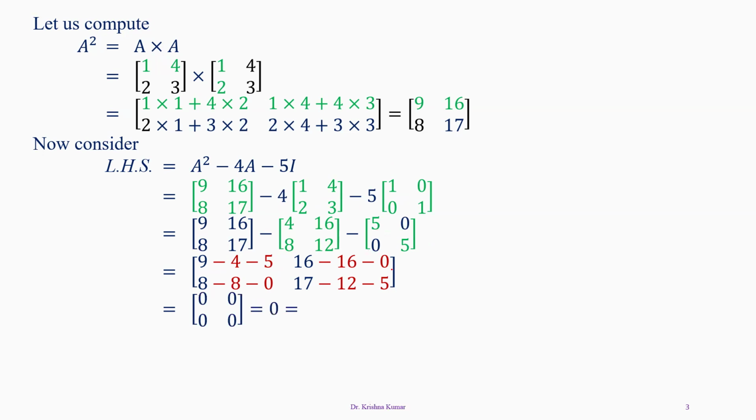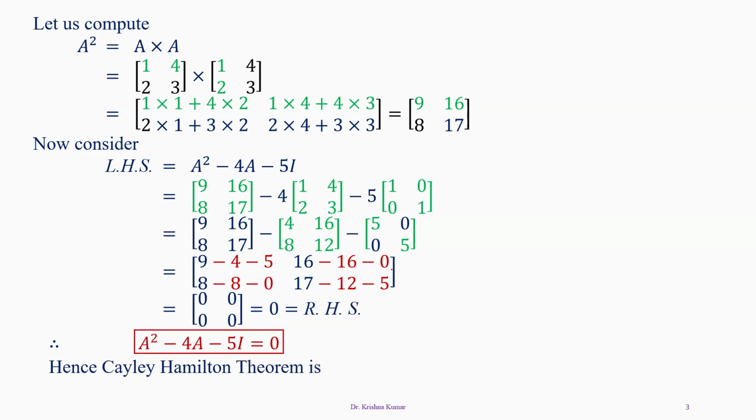So we are getting the zero matrix, which is equal to the right hand side. It means the given matrix A satisfies its own characteristic equation. Therefore A² - 4A - 5I = 0. Hence, the Cayley-Hamilton theorem is verified. This is the first part of this question.